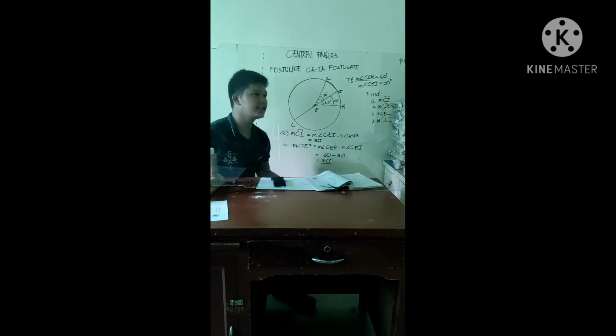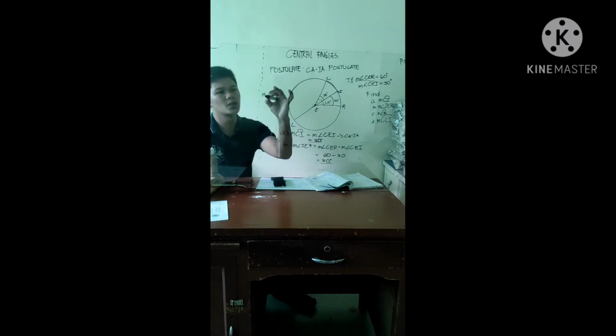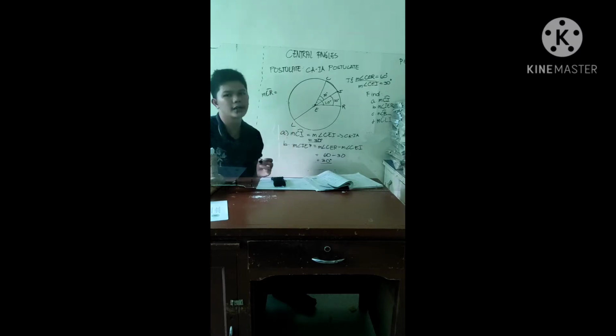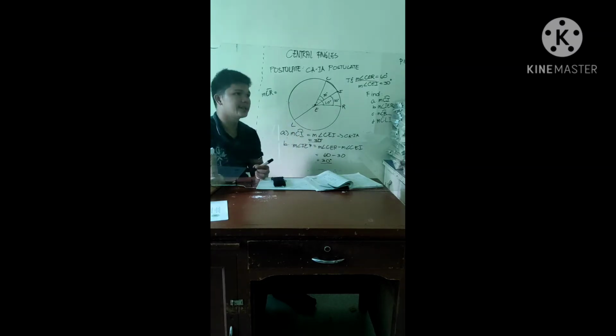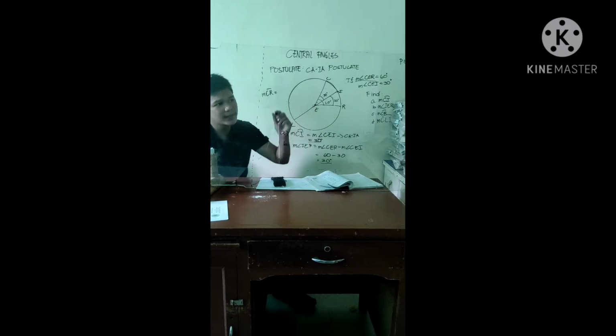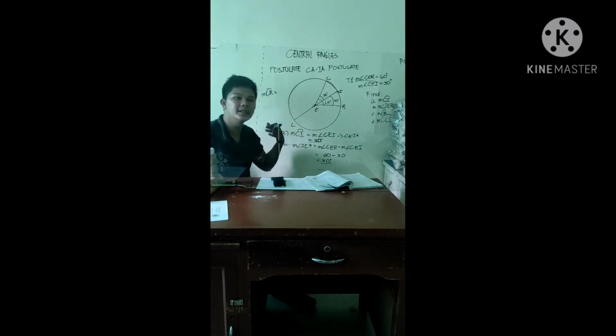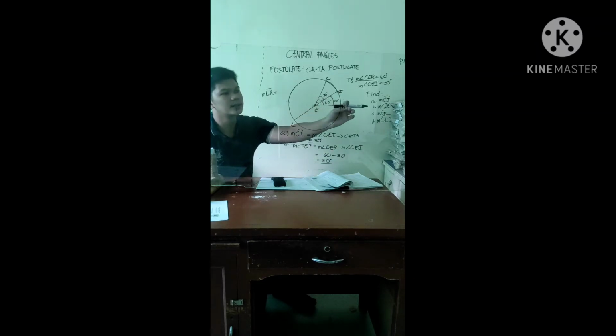Okay? So, si letter C, that is measure of arc CR. Okay. So, si CR, siya yung intercepted arc ni CER. Okay? So, meaning, sabi sa central angle intercepted arc postulate, kung ano yung angle measure ni CER, yan din yung angle measure or degree measure ni arc CR.